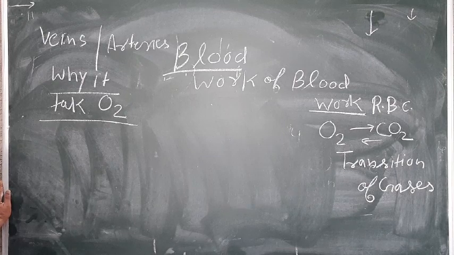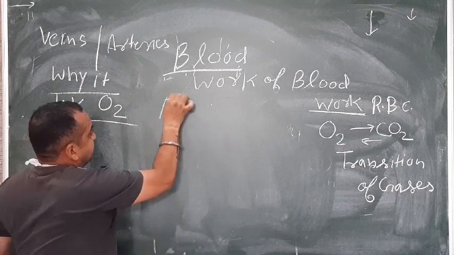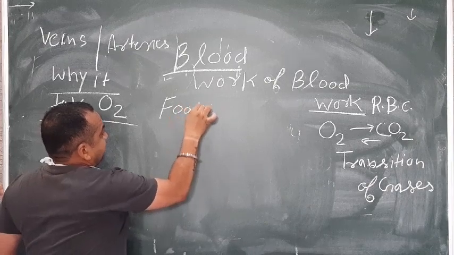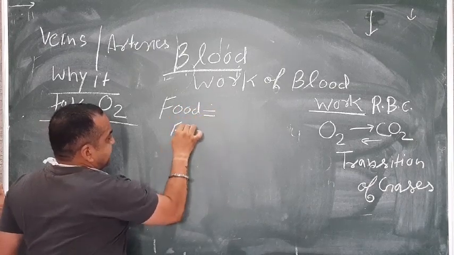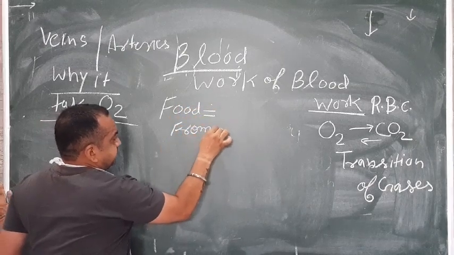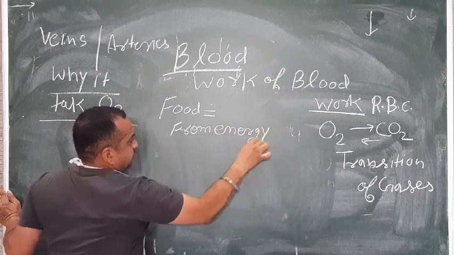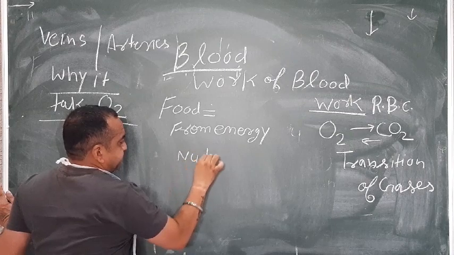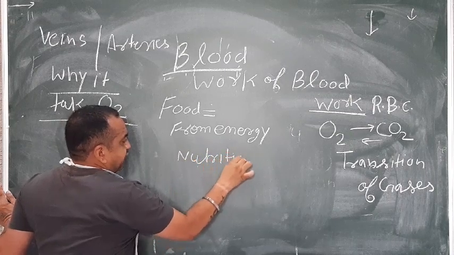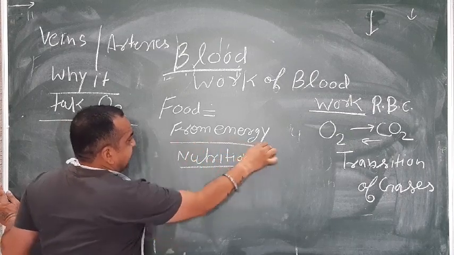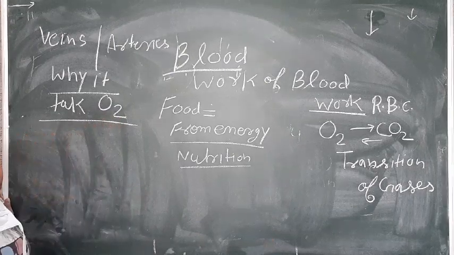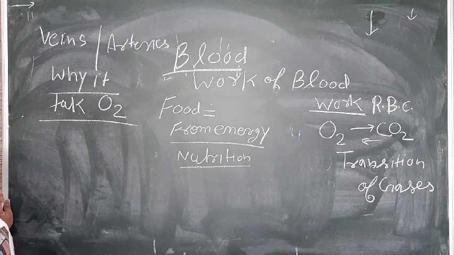Because we take food for energy and nutrition. We take food in our body to get energy and nutrition. What process is done in our body so that food gives us energy and nutrition?